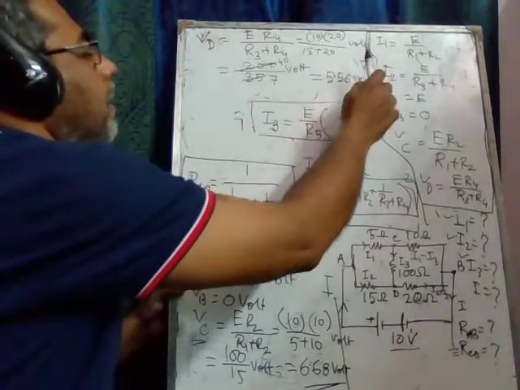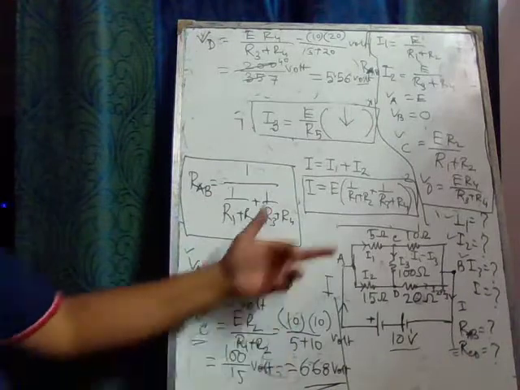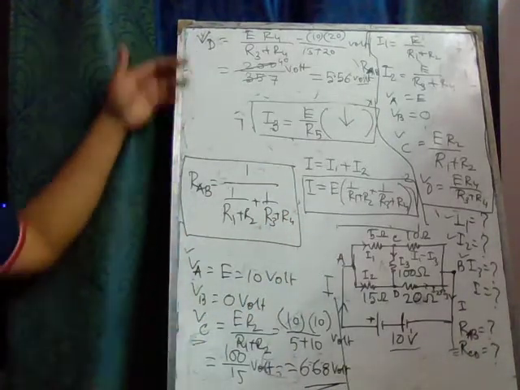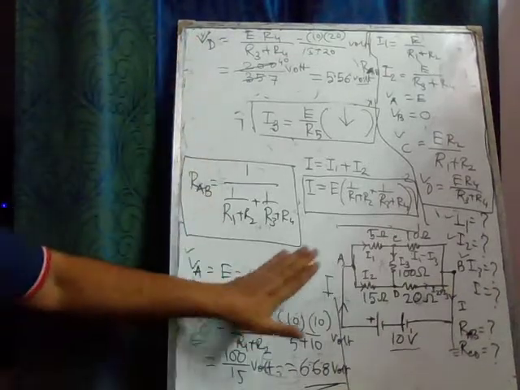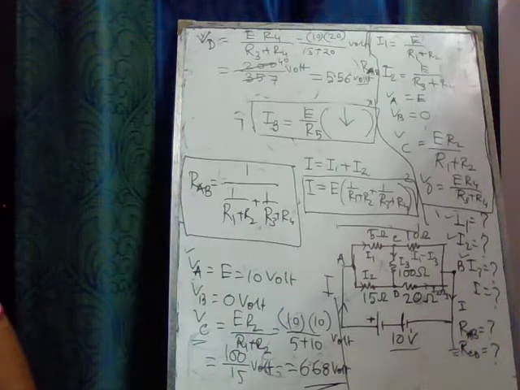Clear? So we got VA, VB, VC and VD. All potentials of each point are now calculated.